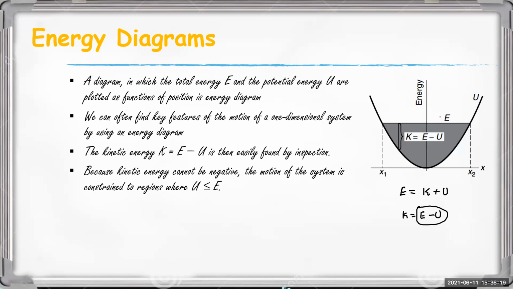And we know that the general expression for kinetic energy is proportional to velocity squared. So at all times, kinetic energy must be positive. It cannot be negative.